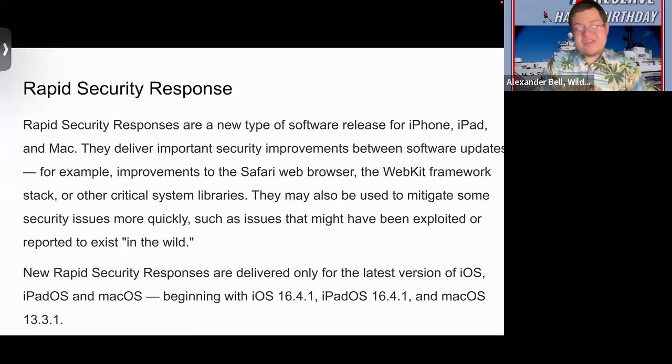It's been kind of far in between, so I haven't seen one in a while, but if you do, you know what that means, and you'll see there's going to be a letter next to the numbers right here. So for this one, it was iPadOS 16.4.1(a) in parentheses. Okay, so if you see a letter next to the numbers in the update, then you know that is a rapid security response. But it'll also mention that in the update page.